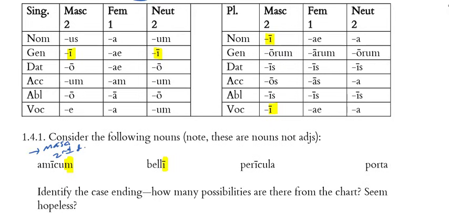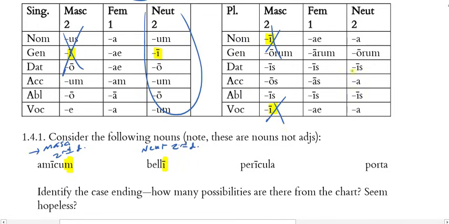But what if I told you that this is a neuter second declension noun? Once you know it's neuter second declension, what can I do? Well, I can eliminate that because that's the masculine column, right? And I can eliminate these possibilities here. So among my neuter, that's the only place I need to look for this case ending. And there's only one place where it is, right? So that makes this genitive singular. Let me go ahead and write that down. So that's genitive singular. With amicum, we learned that that was accusative singular.